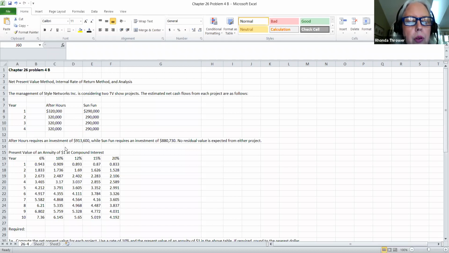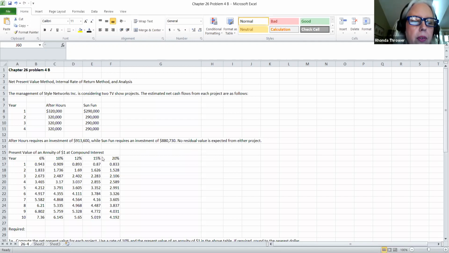After Hours is going to require an investment of $913,600, while Sun Fun requires an investment of $880,730. There's going to be no residual value that's left over from either project.